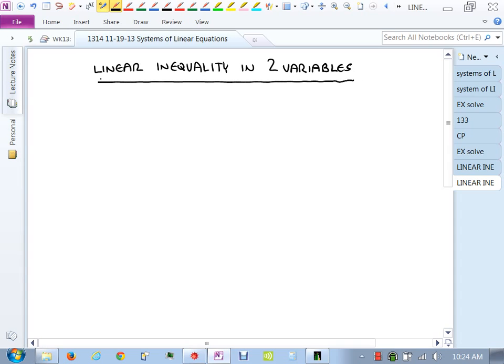So here's what we're going to have. Let's take that one we had earlier, x plus y. It was equal to 10, right? Wasn't that the first one I gave us? Linear equation, two variables. Let's make it x plus y is less than or equal to 10.